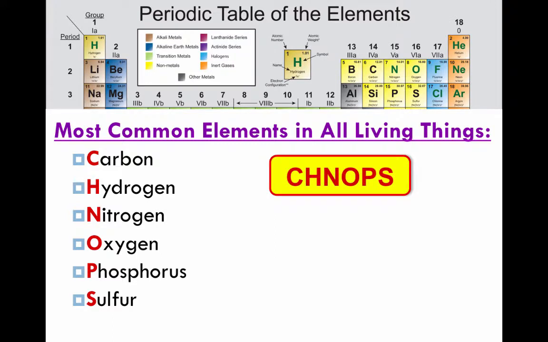Carbon is definitely the most important of all of them, then hydrogen, nitrogen, oxygen, phosphorus, and sulfur. The way that I remember this is this acronym, CHNOPS. We're going to say this 1,000 times in class. CHNOPS. Carbon, hydrogen, nitrogen, oxygen, phosphorus, sulfur. These are the most common elements in all living things.